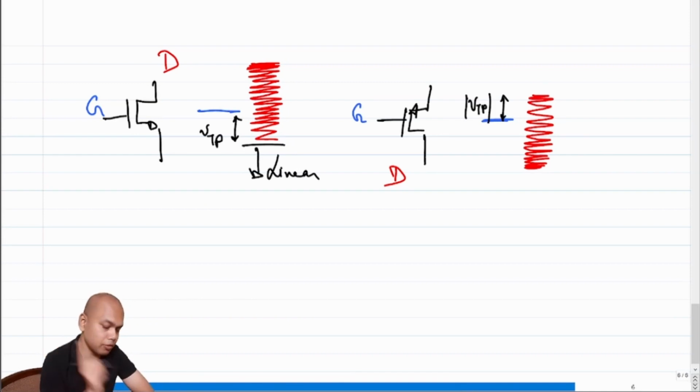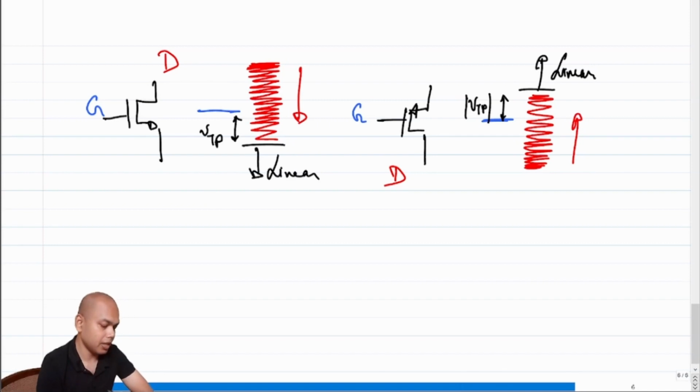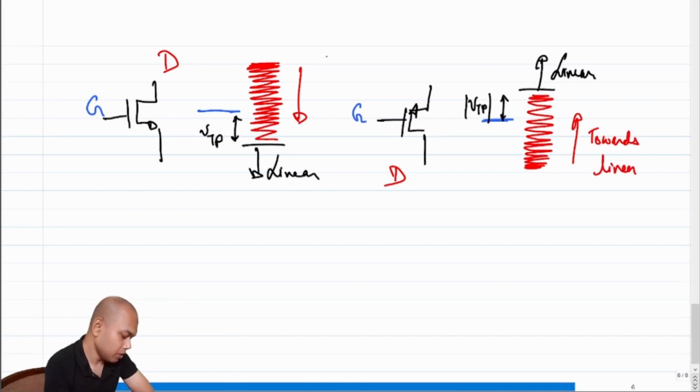Note that the threshold voltage of a PMOS is negative. This is the mod of threshold voltage. If you go this side, it will be linear. So in an NMOS we start from a higher value and go down, and in a PMOS we start from a lower value and go up. This is towards linear.